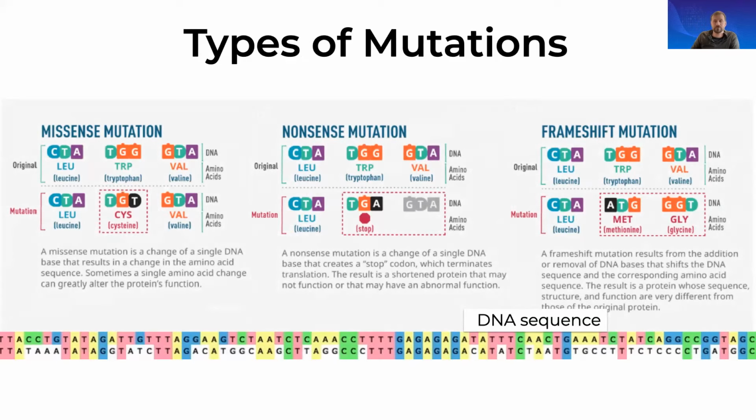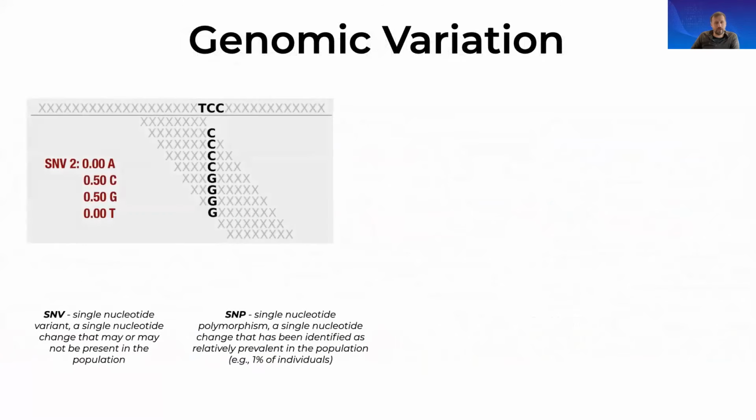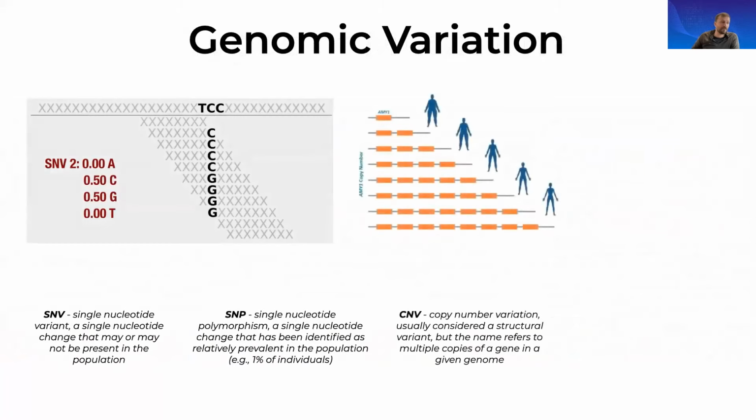This type of mutation results in a shortened protein that may function improperly or not at all. A frameshift mutation is an addition or loss of DNA bases that changes a gene's reading frame, and the resulting protein is usually non-functional.